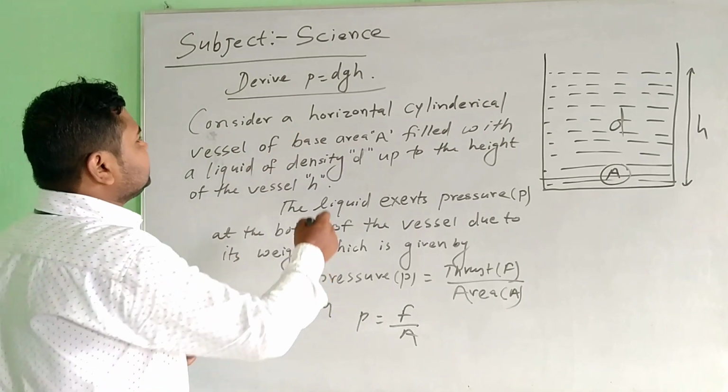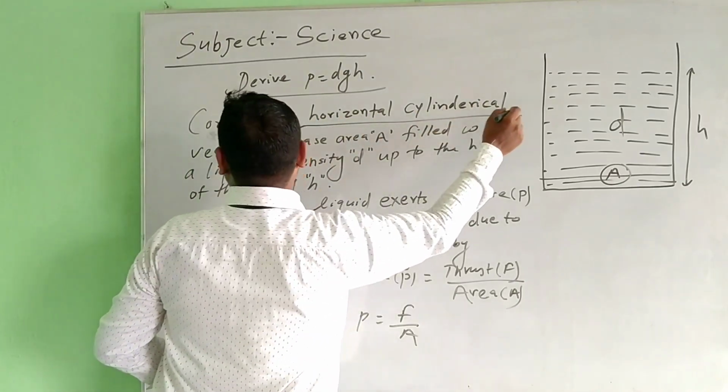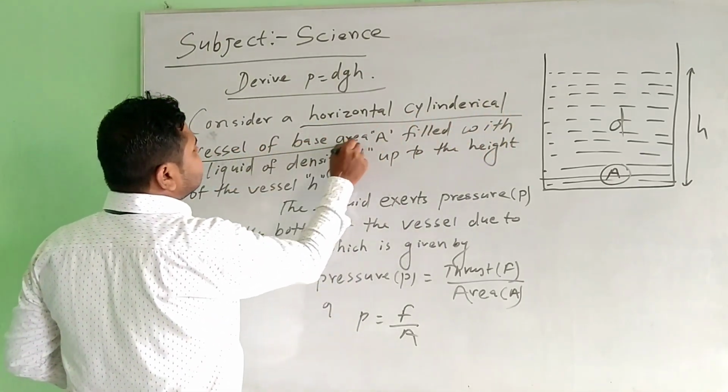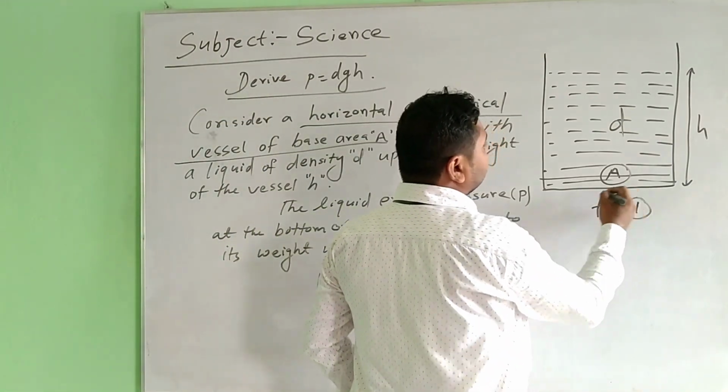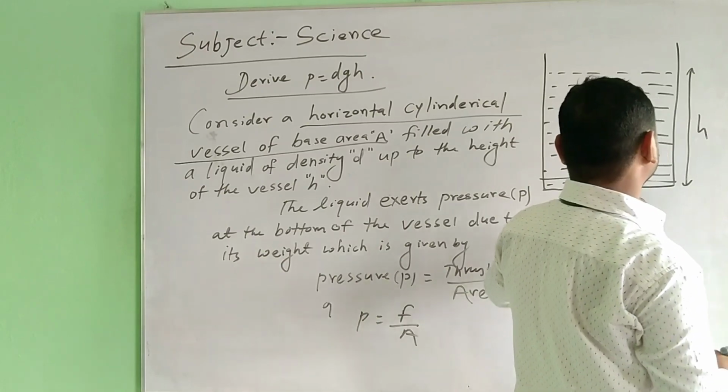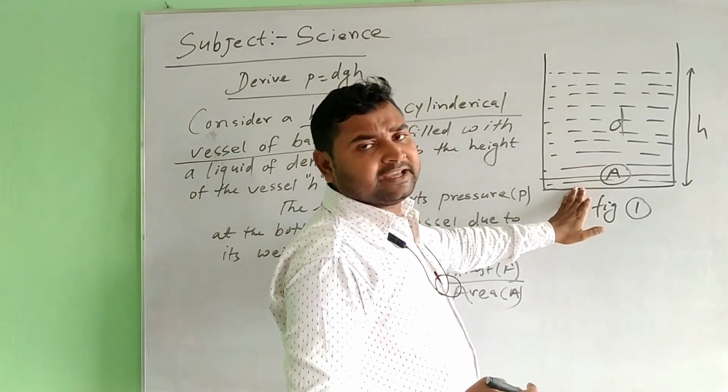Consider a horizontal cylindrical vessel of base area A. You can see figure number 1. In this figure, take one cross-section of the vessel.